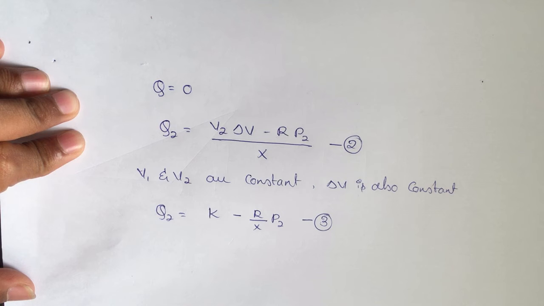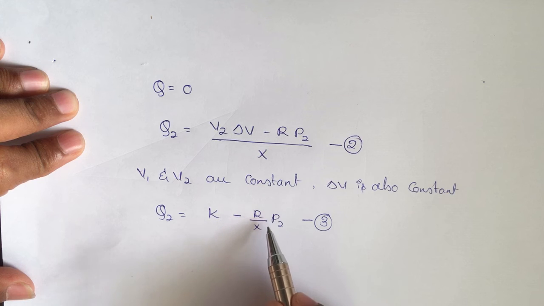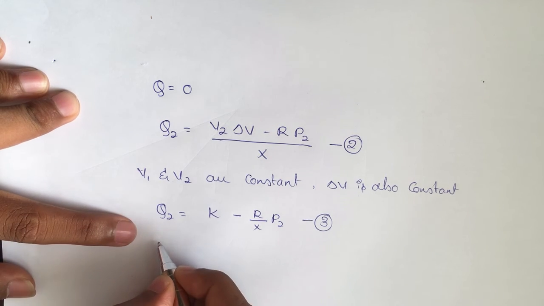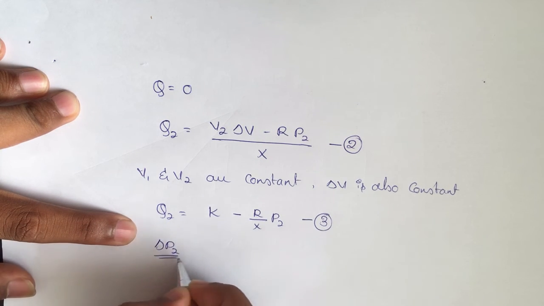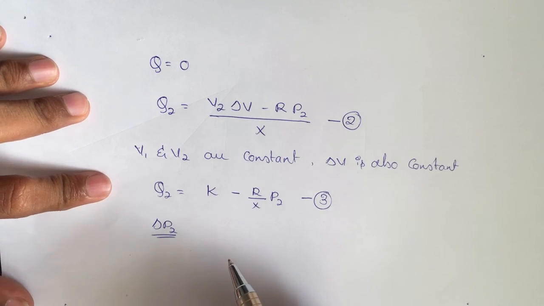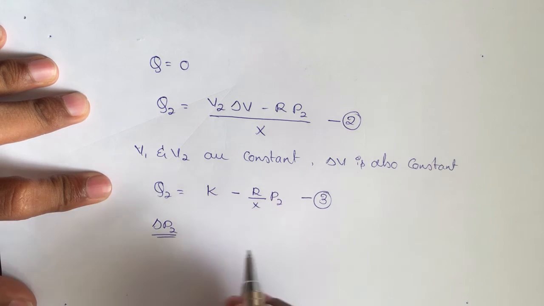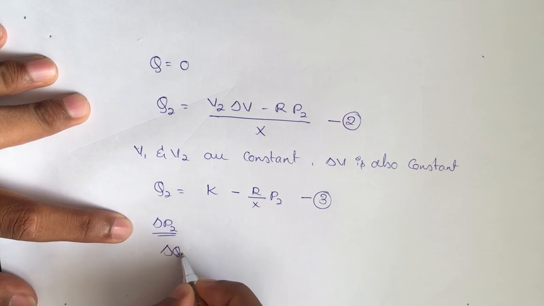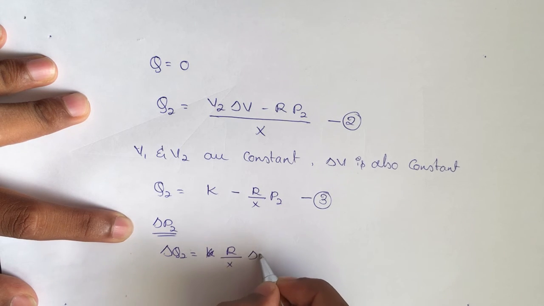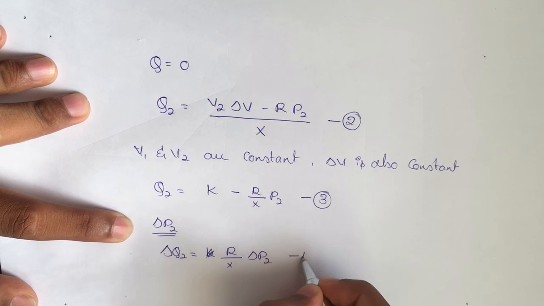And if we continue the same, if P2, the real power at bus 2, changes by a small value delta P2, then equation 3 becomes delta Q2 is equal to R divided by X into delta P2, marking it as equation number 4.